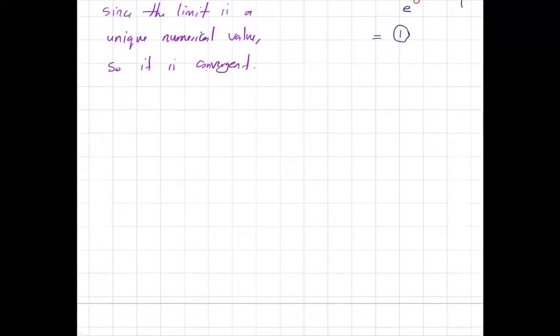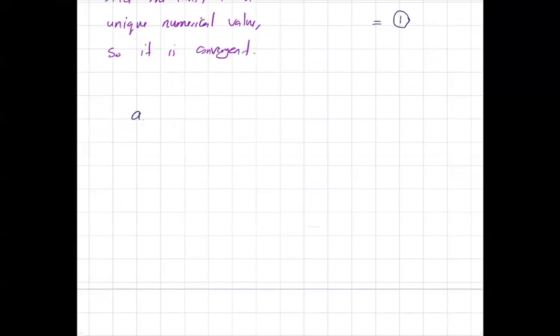Next sequence, you have a_n equal to 4 to the power n divided by 1 plus 9 to the power n. To calculate the limit of this sequence, equivalently, we find the limit of 4 to the x divided by 1 plus 9 to the x, as you saw in elementary calculus, but the limit is when x goes to infinity.